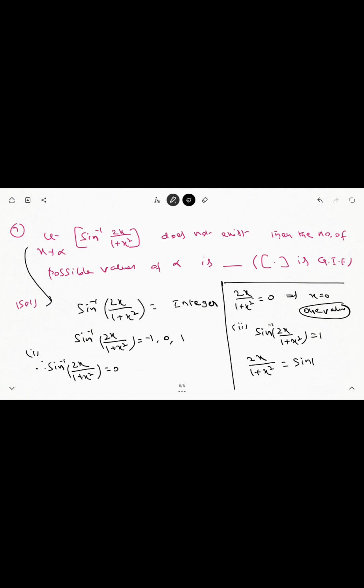Sin 1 means sin 1 radian. So 1 radian means 57 degrees, 17 minutes, 44 seconds. Approximately we can take 60 degrees. So we can take root 3 by 2 for a while. So 2x by 1 plus x square is approximately equal to root 3 by 2. Is it clear? Sin 1 value approximately I am writing here.